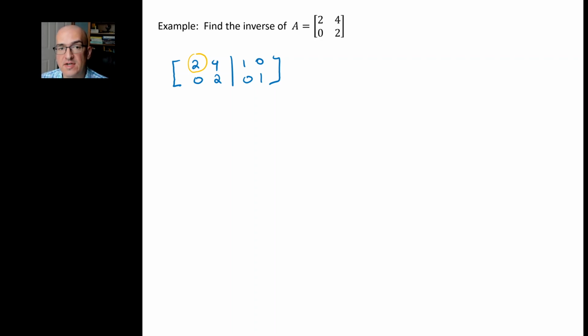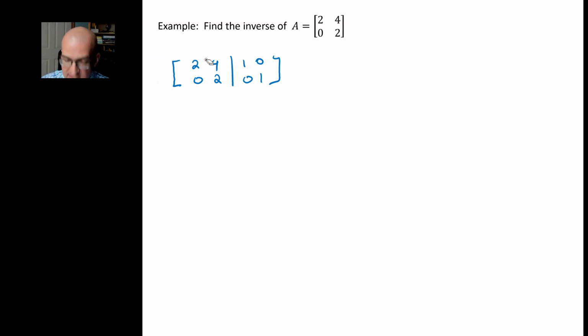But I'm going to be strategic. I'm going to play chess against this enemy. After I create a leading 1 in the top left, it's going to be happy. Then I have to create a leading 1 in the bottom right. I'll do that by dividing by 2, and that will create a fraction. I'm also going to create a fraction when I divide row 1 by 2. So I'm going to get fractions in a few different spots. Then I'm going to have to make this bottom right eventual leading 1 happy by zeroing out the number above it.